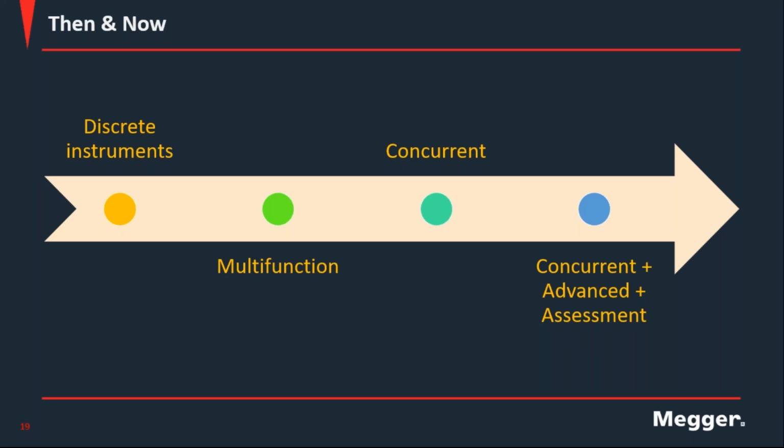And now, because you have all of the tests in these multifunction and concurrent instruments, more tests were added to the set of activities that you can perform with this instrument. So now you have a comprehensive result in one single place, and the software can use that information to perform the calculations that are needed to perform the assessment.